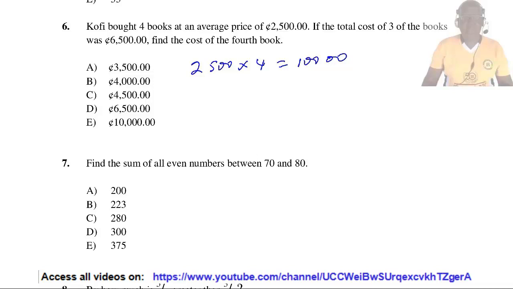Now the cost of the 3 books is 6,500. So the difference will give you the cost of the 4th book, which is 3,500. That is A.